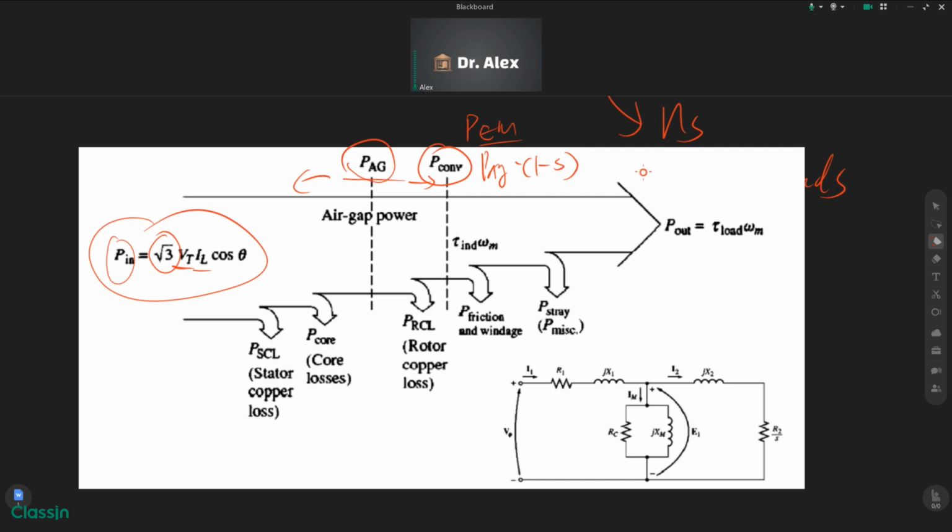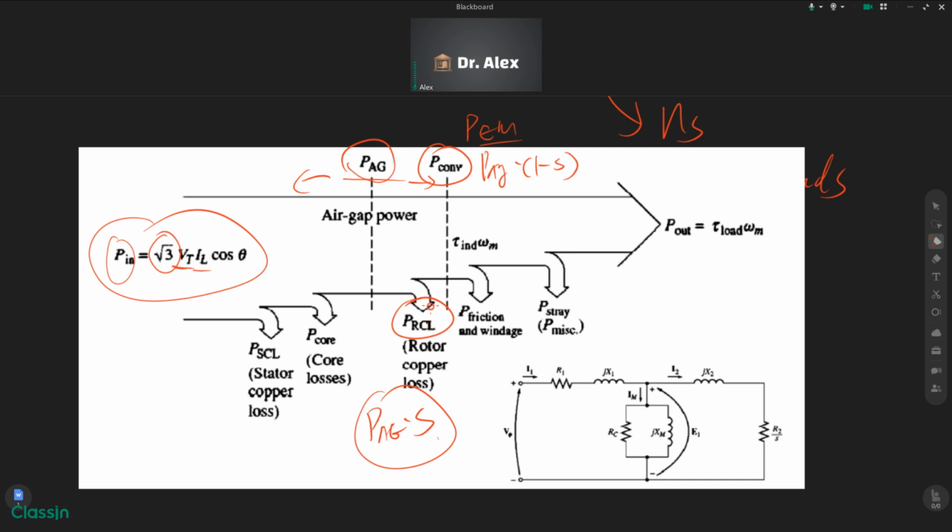And the other part, which is P air gap times S, the slip number, is PRCL. It has another name, copper consumption power. The CU means copper.